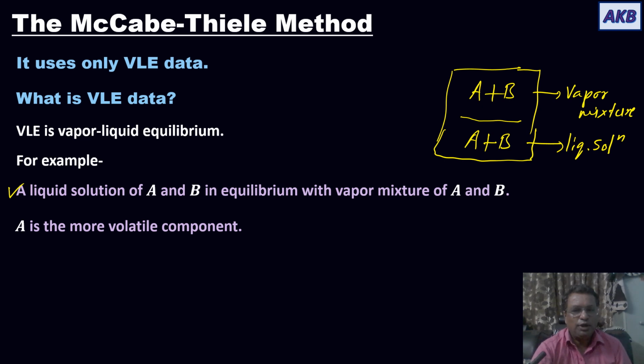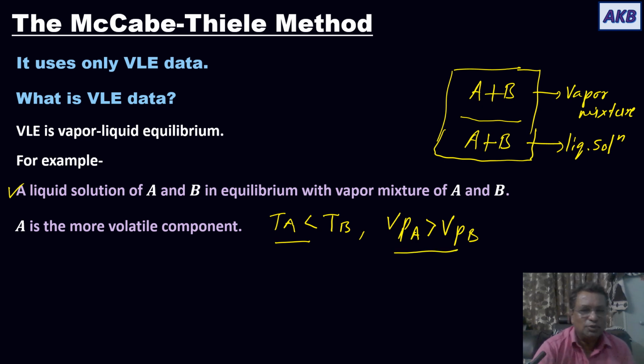That means the boiling point of A is less than that of B. Similarly, the vapor pressure of A is greater than the vapor pressure of B. So when we say that A is the more volatile component, then A has a lower boiling point than B and it has a higher vapor pressure than B. Okay, so a liquid solution of A and B in equilibrium with a vapor mixture of A and B, where A is the more volatile component.